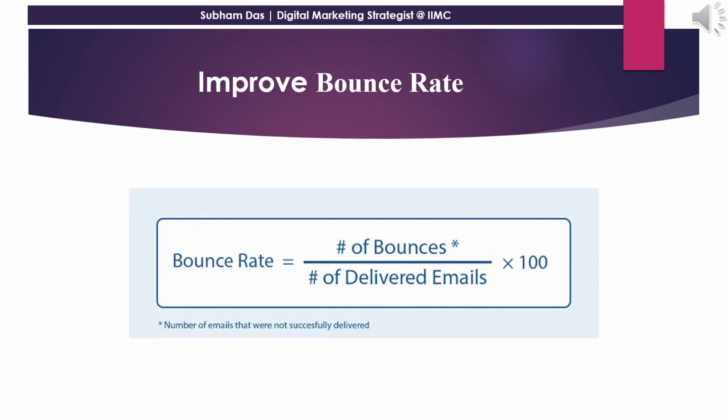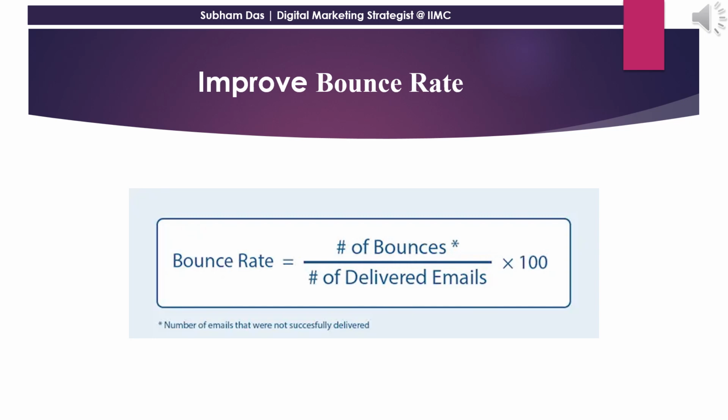You can read more about these metrics on my blog post. Now let's head over to the bounce rate. What is the bounce rate and how do you improve the bounce rate?